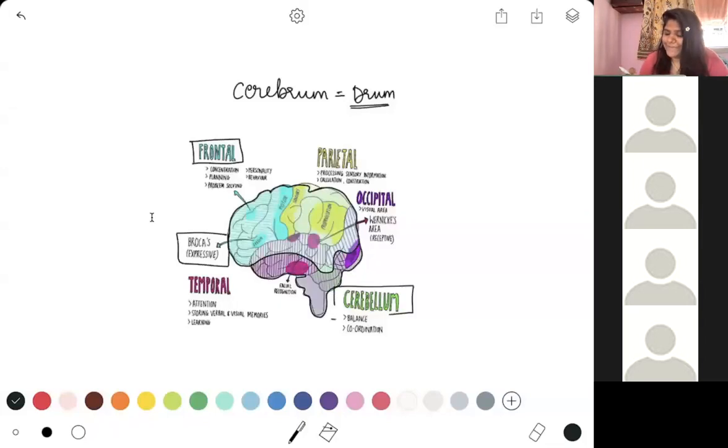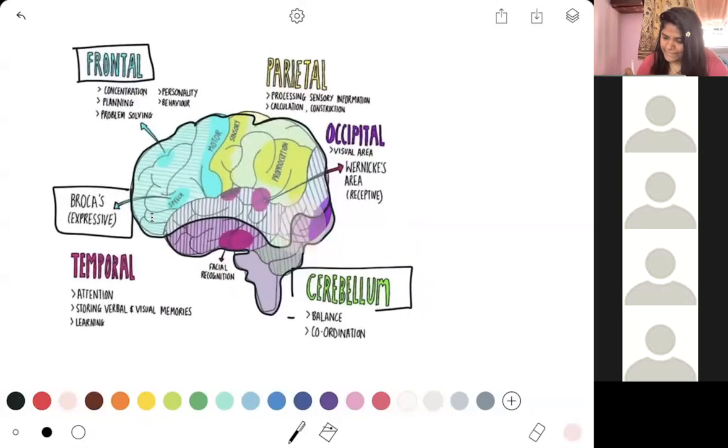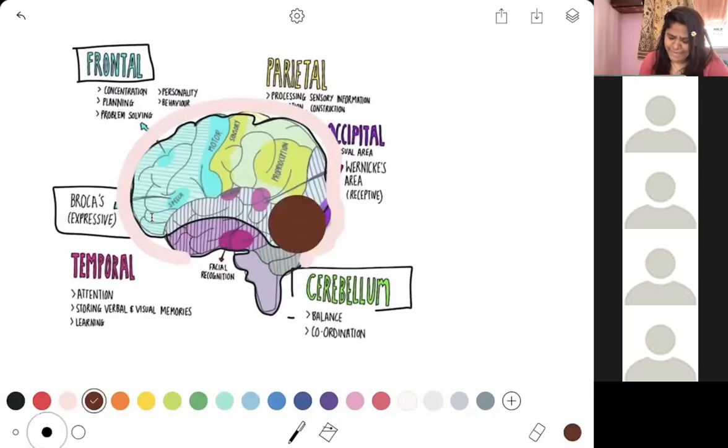Along with this, you're going to notice that outside this you have a bony cavity like this. This bony cavity is here to protect your brain from the injuries that might be caused because you fall down or many other things because of which you might get injured.